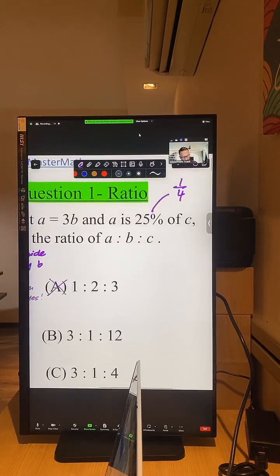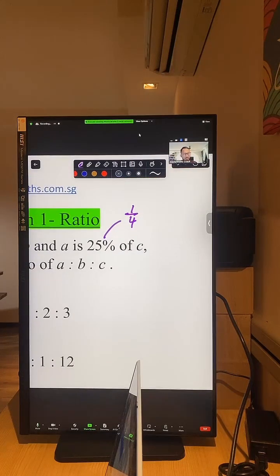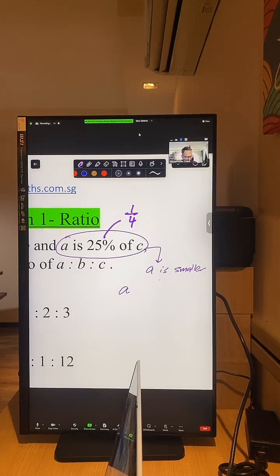Then they say that A is 25% of C. So obviously A is smaller than C. If A is 25% of C, you have to deduce this in your head. If I were to say my savings is 25% of my wife's savings, that would mean that whatever I save, my wife has saved 4 times as much.